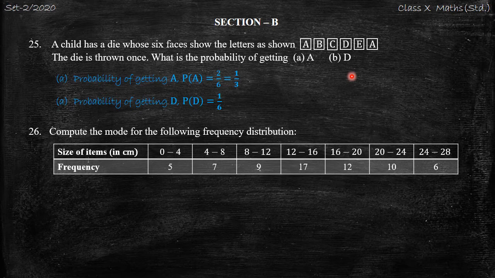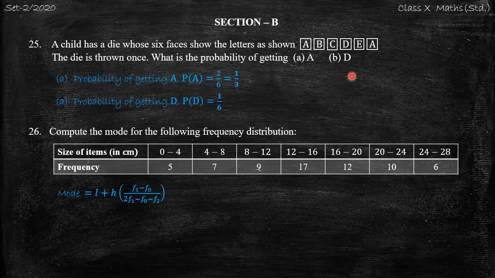Okay, next one is related to a statistics question. There is a frequency distribution given in the question. Now we want to compute the mode of the distribution. The formula for finding the mode is L plus H times (F1 minus F0) divided by (2F1 minus F0 minus F2).